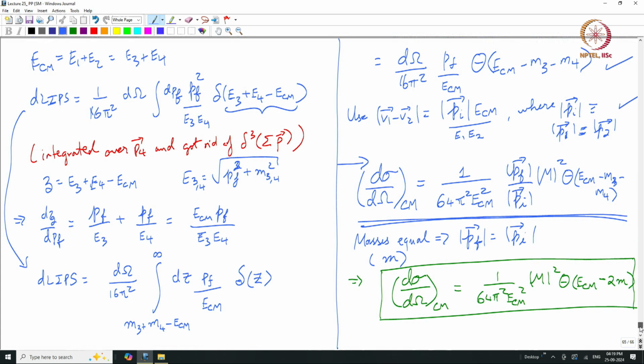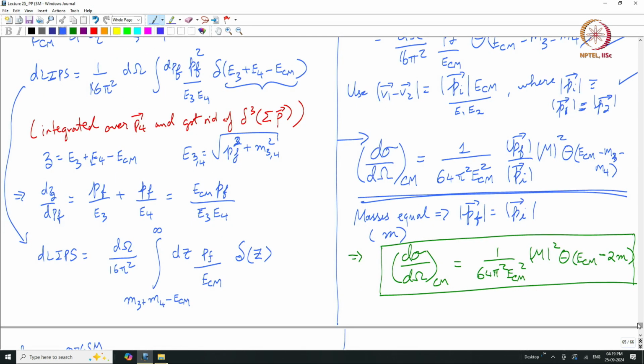You have 1 over energy squared, the center of mass energy squared, that gives the correct dimensions also to the differential cross section here with respect to solid angle, and the M squared again encodes all the dynamics. If that is large, then the transition rate is going to be large, and you had the theta function ensuring that you put in the correct amount of center of mass energy to produce the final states, right.